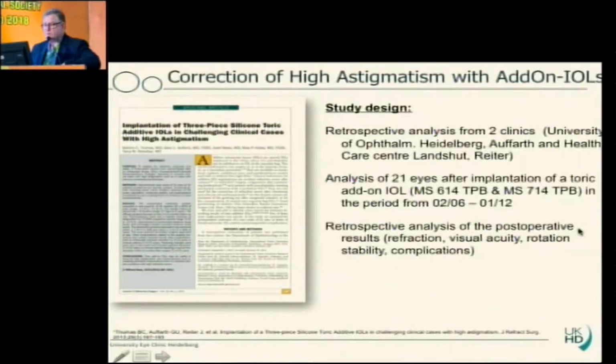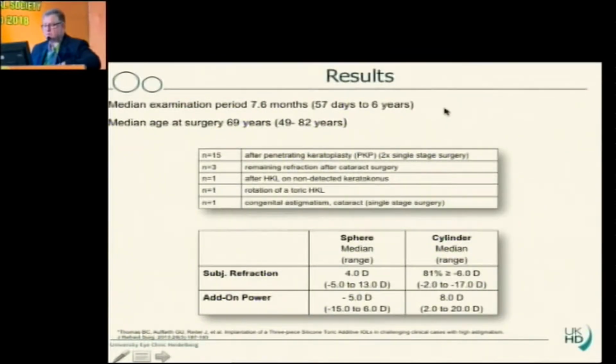We recently published a paper where we put together 21 eyes with very high astigmatism and the corrective outcome. Most of them were after penetrating keratoplasty, but there were also some with remaining high astigmatism after cataract surgery or congenital astigmatism. And the average add-on power was around 8 diopters, ranging from minus 15 to 6 diopters.